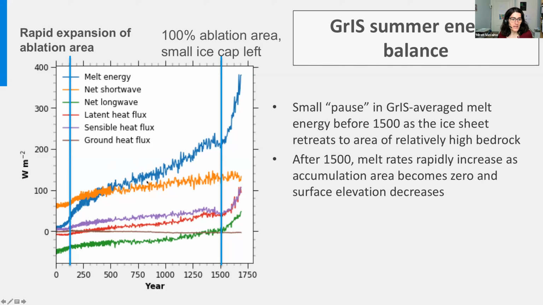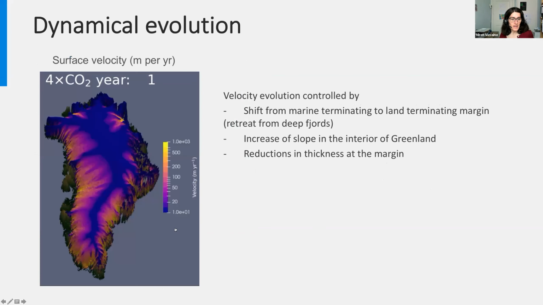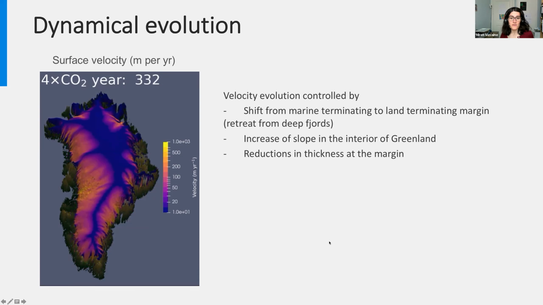And the solar, the albedo feedback, is giving a lot of energy for melt. Okay, this is a simulation of the surface velocities, how they are evolving also.